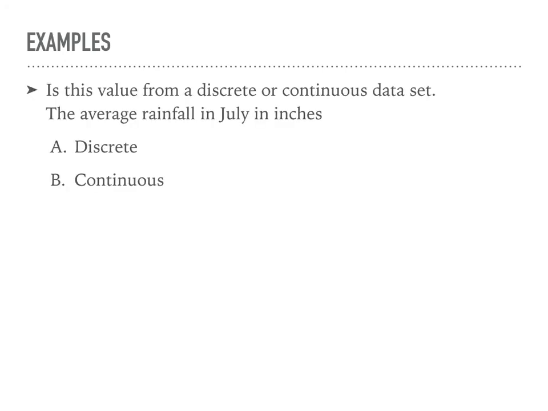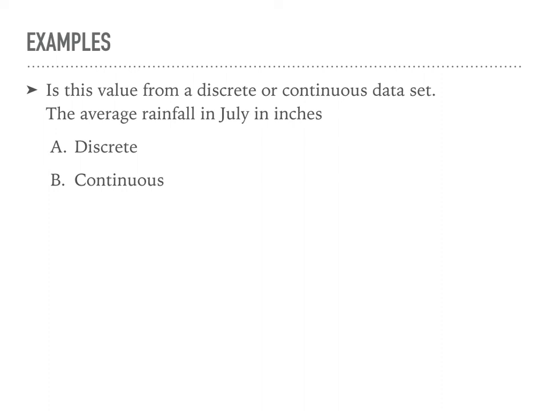Is this value from a discrete or continuous data set? The average rainfall in July in inches. We ask ourselves here, can rain be a decimal, or does it have to be a whole number?